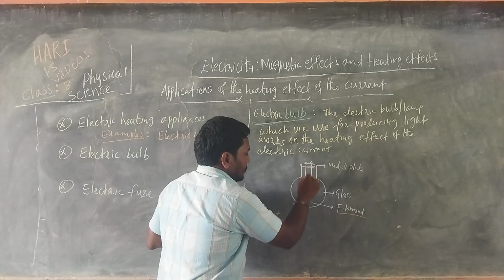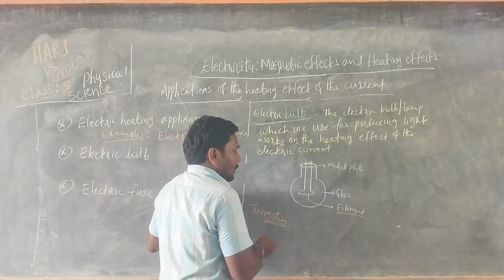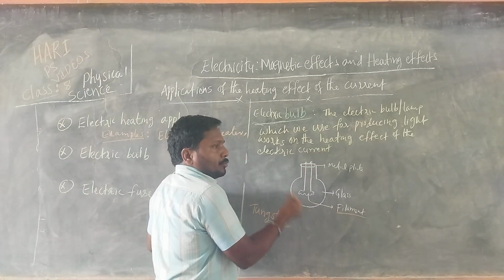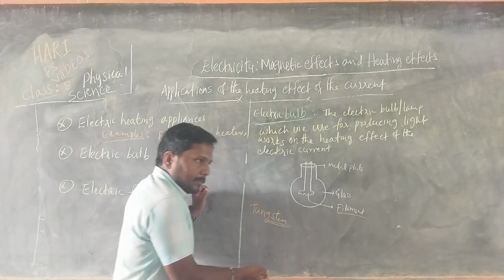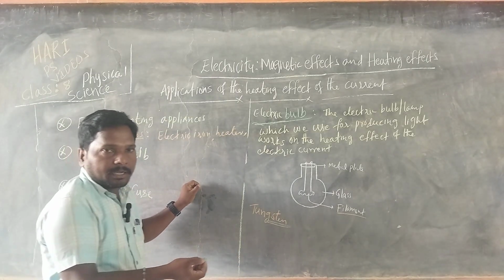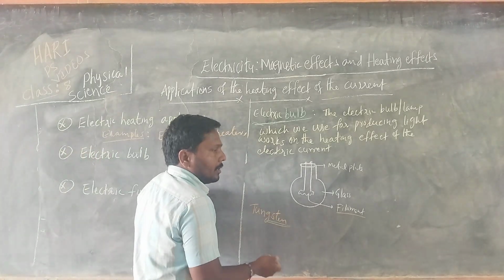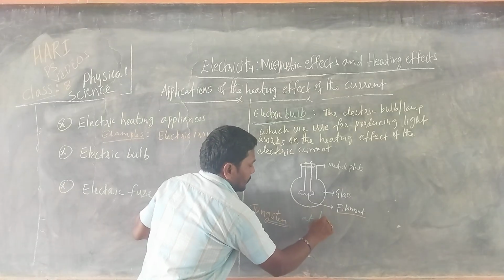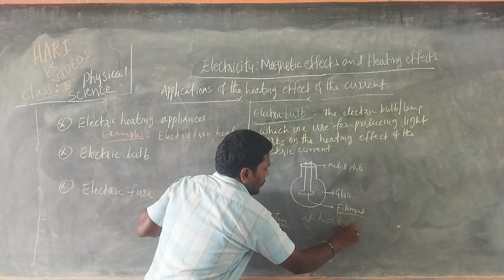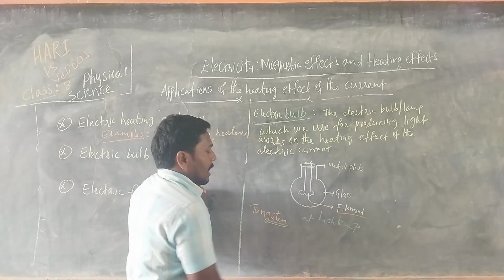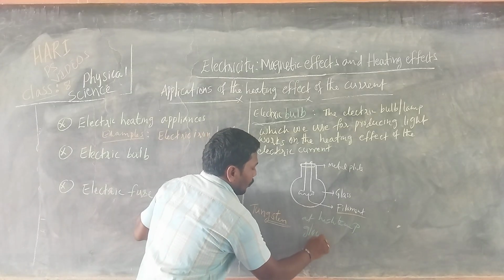When electric current is passed through this tungsten filament, due to the heating effect of electric current, it becomes red hot at a higher temperature and starts to glow.